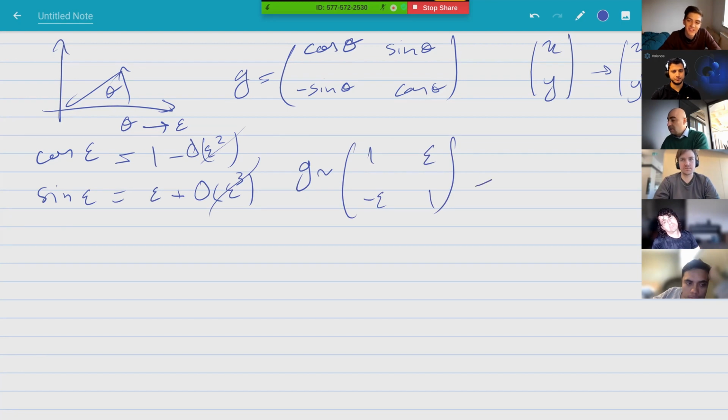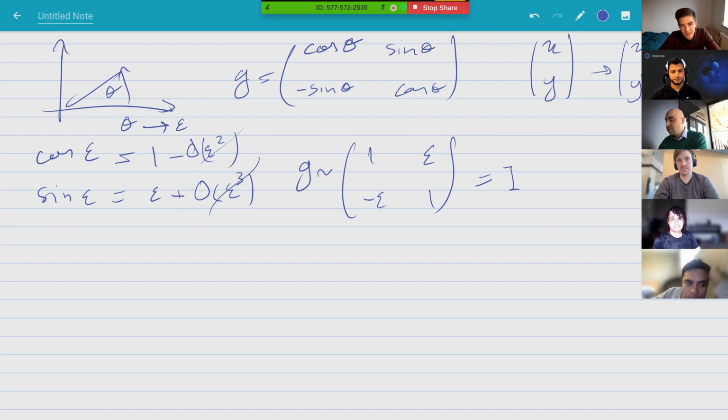Okay, maybe just real quick, for the cosine, we're looking at the Taylor expansion of the cosine, and that's why we have the 1 and then the order epsilon squared terms, and the same for the sine. Exactly, yes. Thanks for explaining.